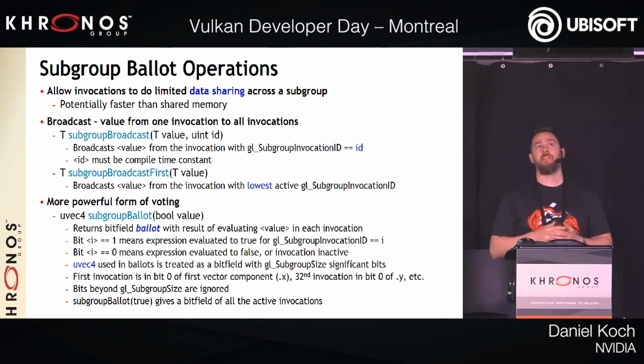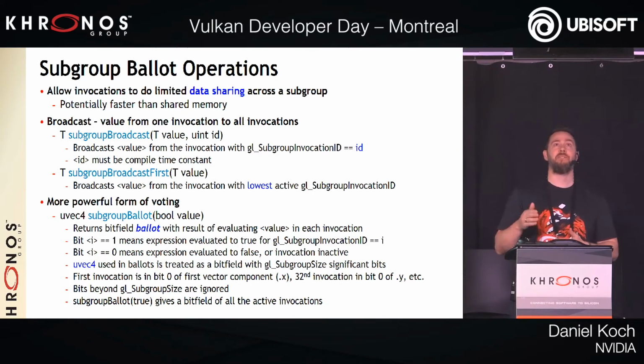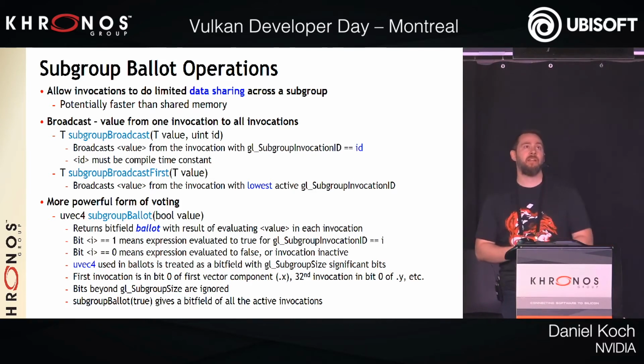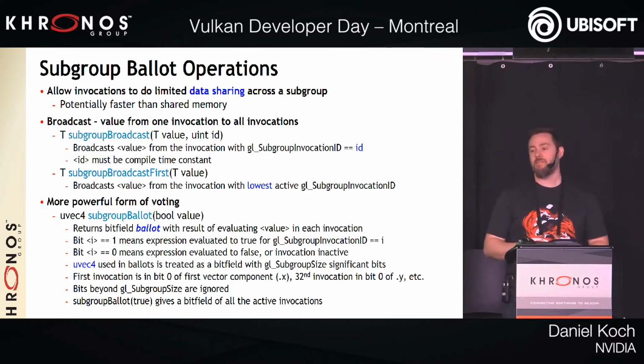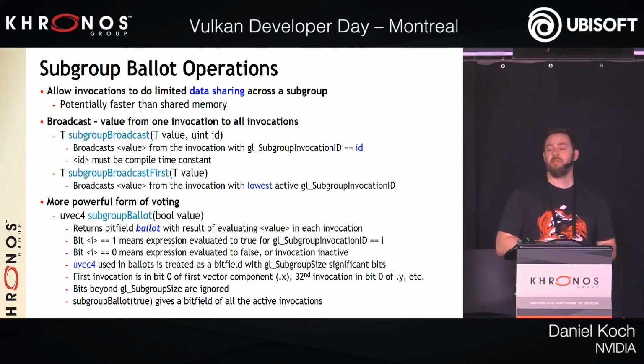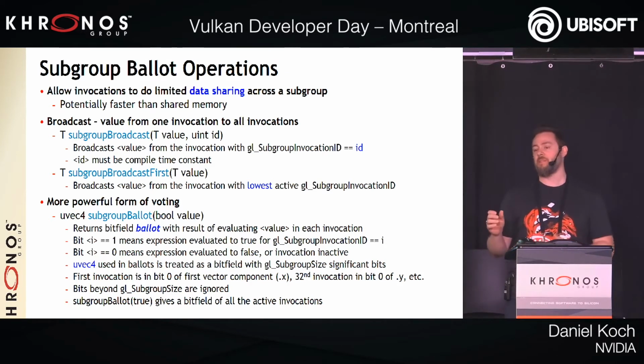Invocation 32, the 33rd invocation, is bit 0 of the .y component, and so forth. Anything bigger than the subgroup size, the bits beyond that are ignored, so the implementation may not look at those components at all. If you only support 32 invocations, it'll only look at the .x component. That's one of the reasons to use the built-in functions instead of trying to manipulate these yourself.